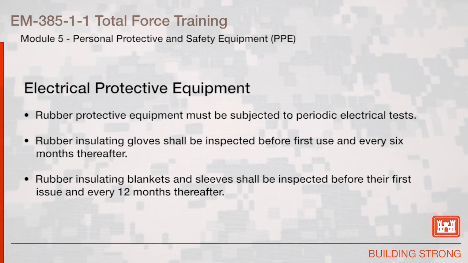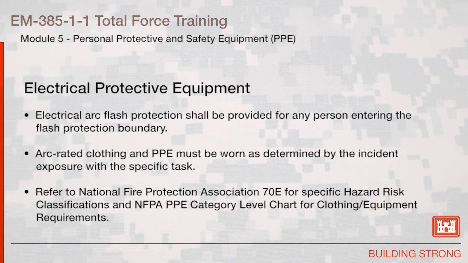Rubber insulating gloves shall be inspected before first use and every 6 months thereafter. Rubber insulating blankets and sleeves shall be inspected before their first use and every 12 months thereafter. Electrical arc flash protection shall be provided for any person entering the flash protection boundary.